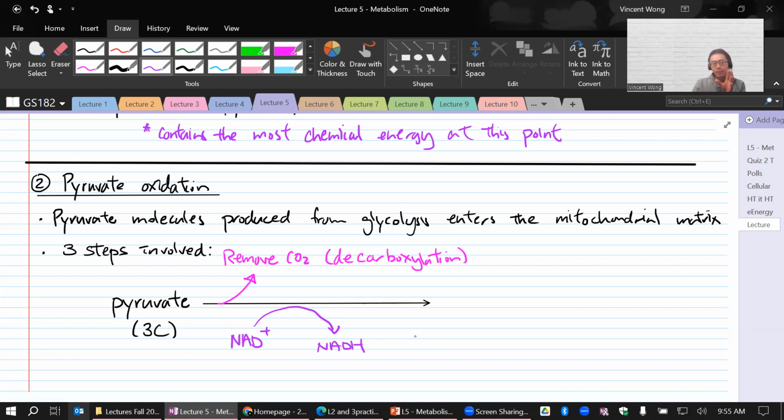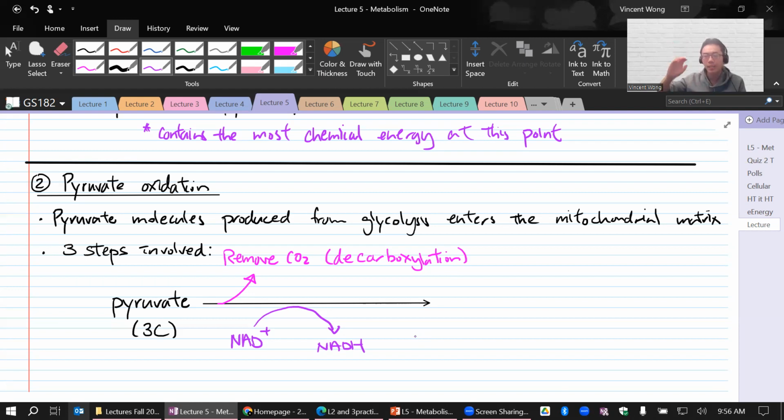So at this point, we started with glucose, and then we did a lot of reactions along the way already. We made some ATP, we made some NADH. So by now the molecule is kind of running out of juice, so to speak. In our analogy, we're losing the initial energized form.